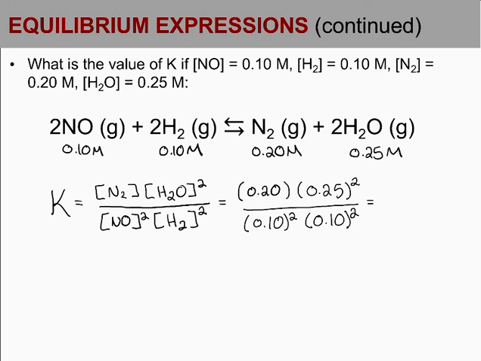Okay, so then we can simplify this to make it easier to calculate. So you could go through and calculate the numerator and then the denominator, and then you can divide those two values. So if you want to pause the video and figure out what K is equal to, feel free.